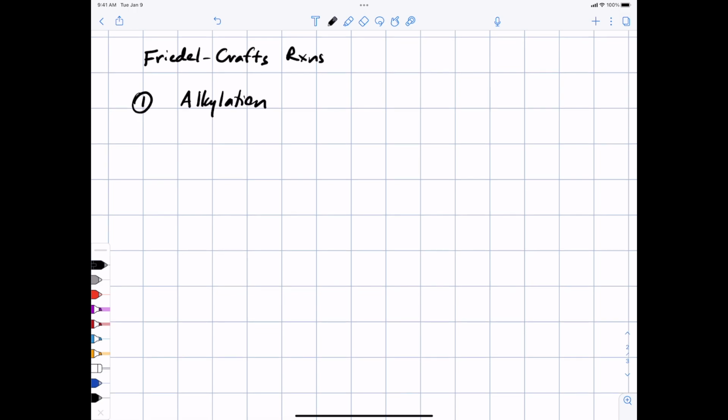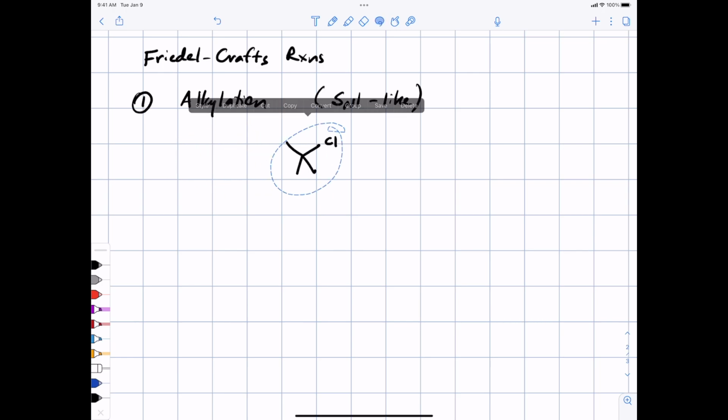And the alkylation reactions are very SN1-like. They involve electrophiles that are made from alkyl halides. So as an example, here is an alkyl chloride. Excuse me, as with the halogenation reaction, we need to add a Lewis acid to make the reaction go.